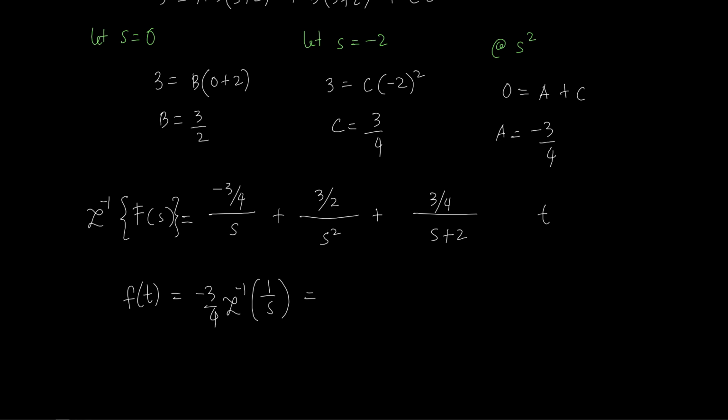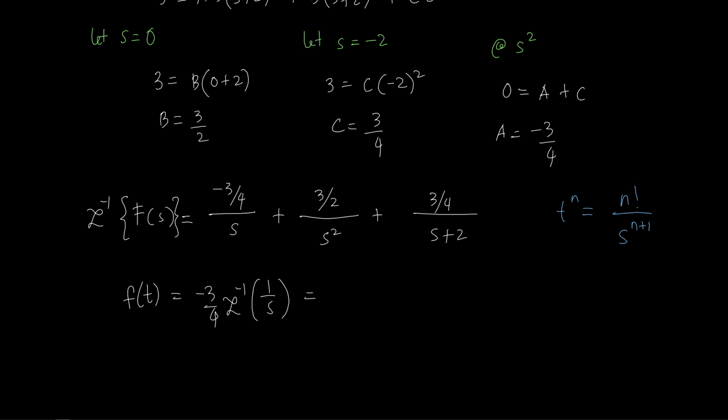The Laplace of T to the power of n, just a recap, is n factorial over S to the n plus 1. In this case, what is our n? Since the exponent is n plus 1, our n is 1.